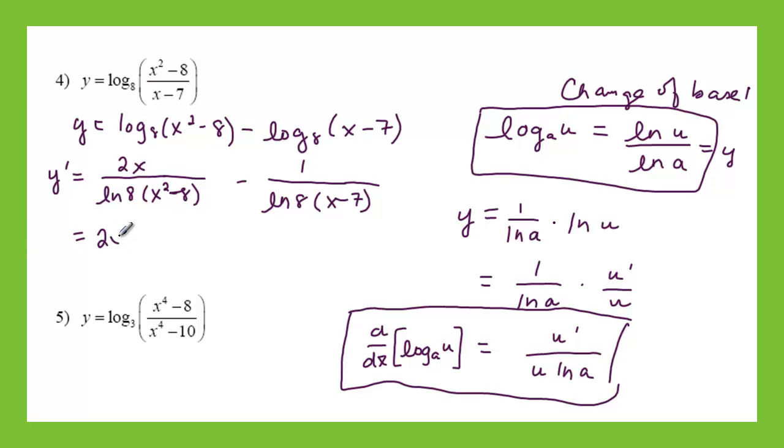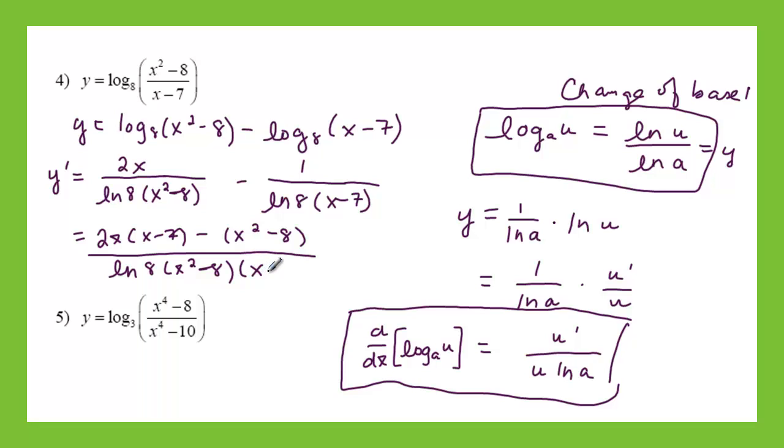So I will have 2x times x minus 7 minus 1 times just x squared minus 8 all over my common denominator, natural log 8, x squared minus 8, x minus 7. And my writing is really sloppy today.